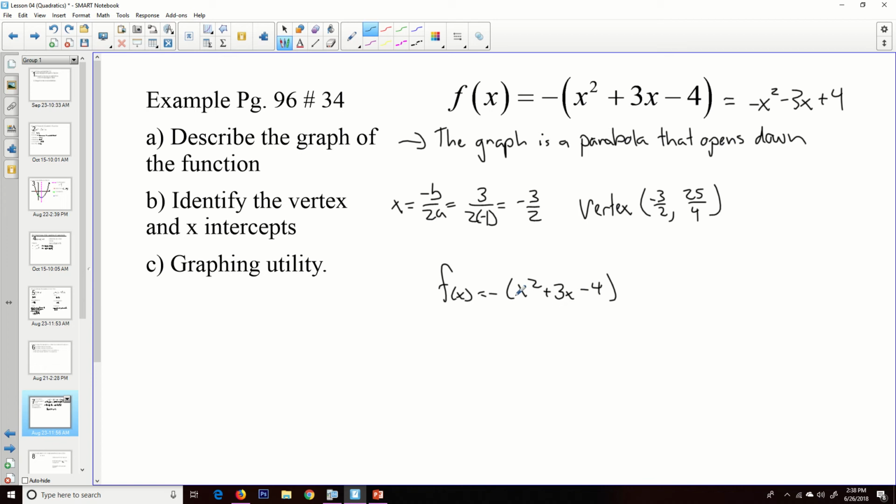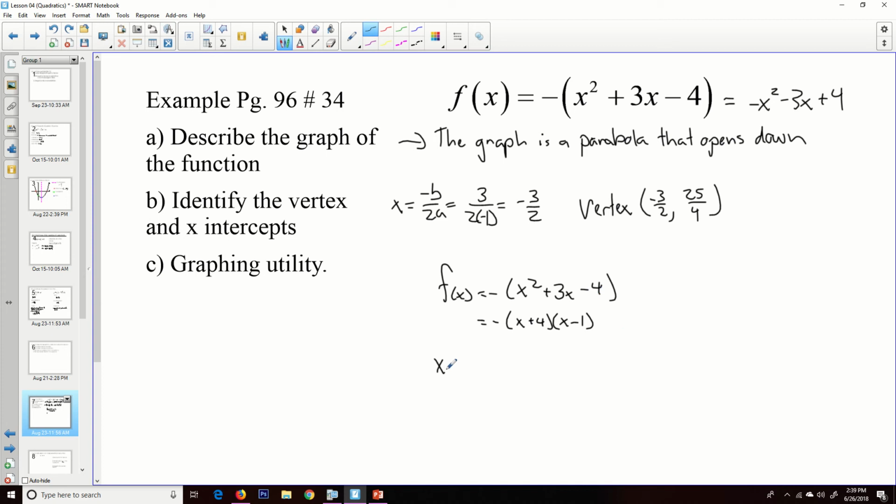And so all I have to do, because the leading coefficient is 1, is say I need 2 factors of negative 4 that add up to 3, and that's pretty easy. I get x plus 4 and x minus 1. Positive 4 and negative 1 add up to positive 3, and 4 times negative 1 is negative 4, so that's going to work out for us.